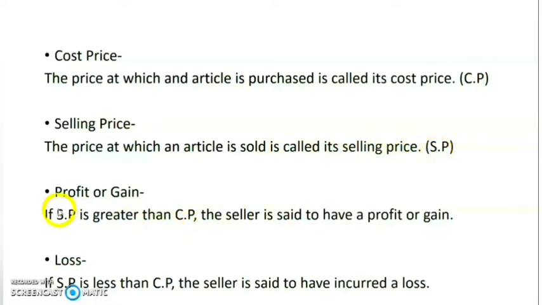Now, whenever SP is greater than CP, then you gain a profit and the seller is said to have a profit or gain. And the profit will be given by SP minus CP. Similarly, if SP is less than CP, then the seller will have to face a loss and is said to have incurred a loss. And here the loss will be given by CP minus SP.